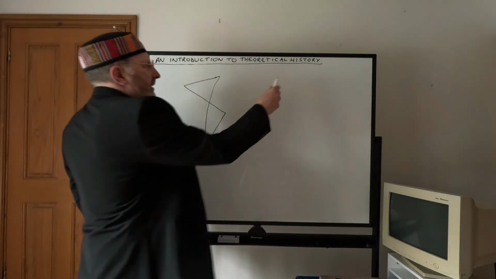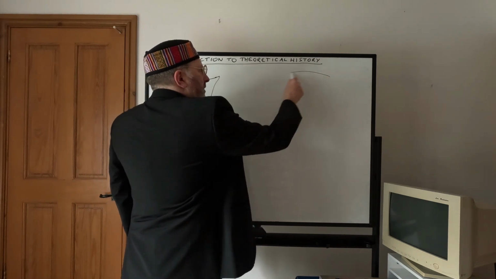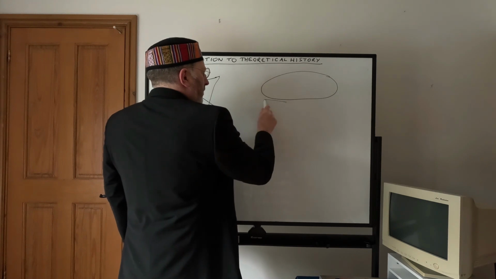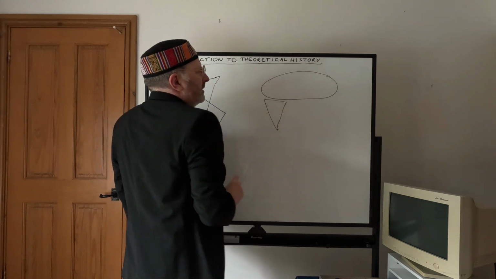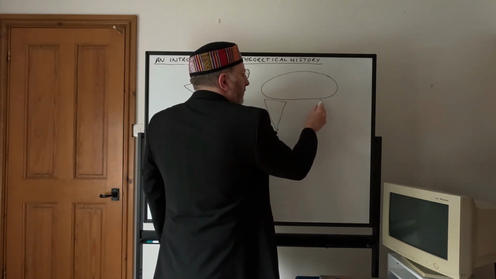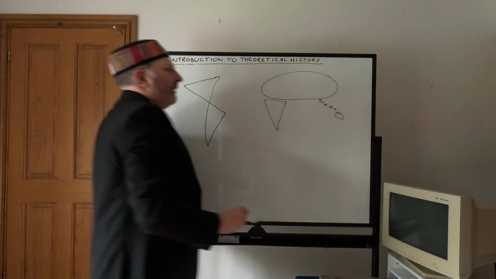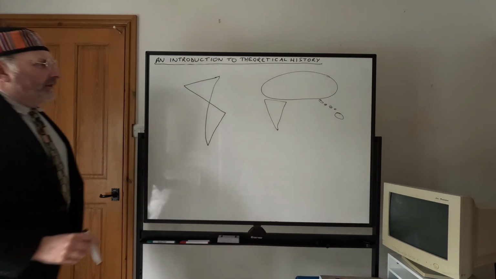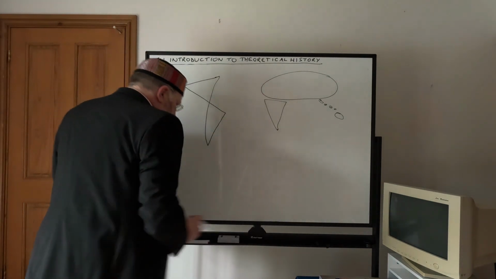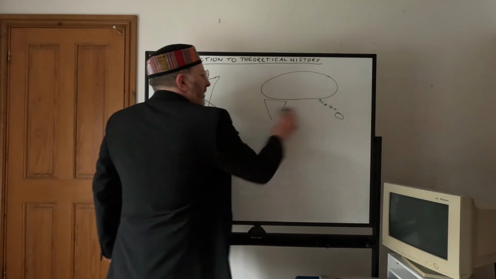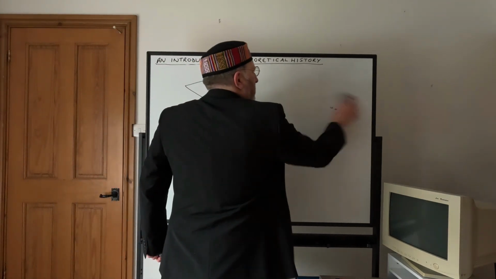And then if you want to be really crude about it, for Eurasia, you can just draw an oval like that, and then you've got Africa, so a triangle, and you've got sort of Indonesia here, and Australia hanging off the end there. Now that really is rather crude.